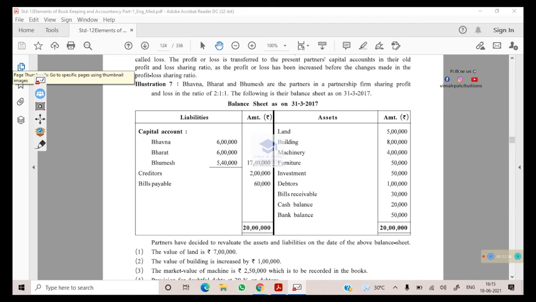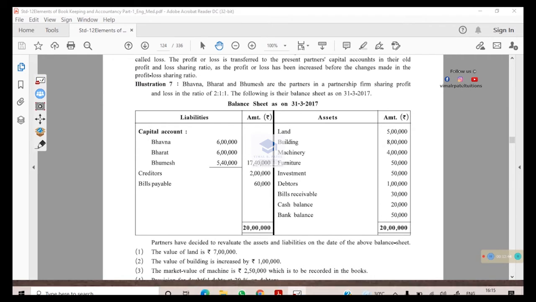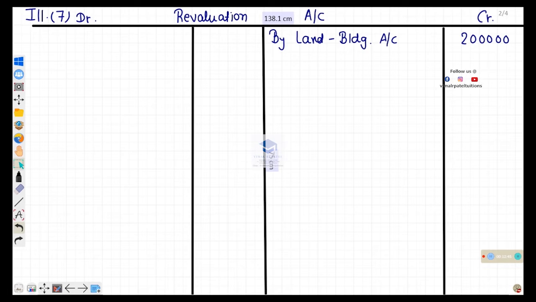Whenever we prepare the balance sheet, the same value will be added to the value of land. Right? Land, sorry, this is only land. Building's adjustment is separate. So the same will be added to the value of land in the new balance sheet.